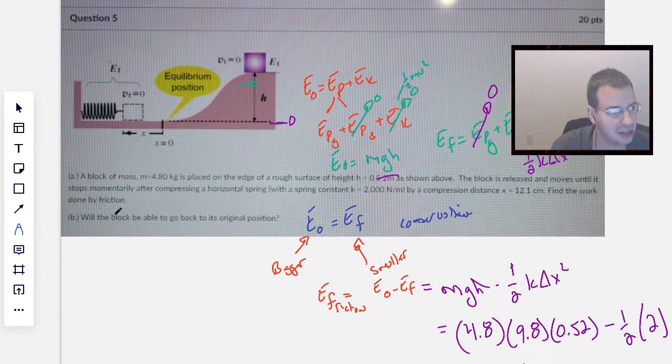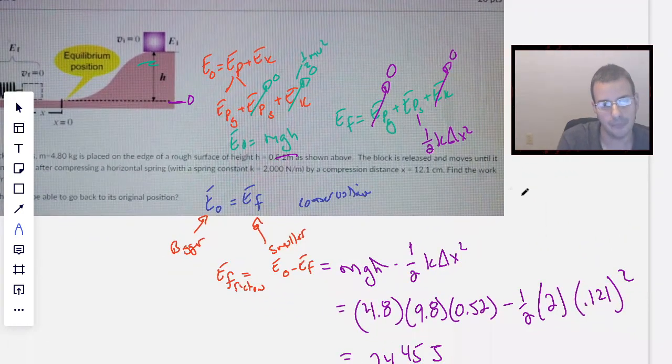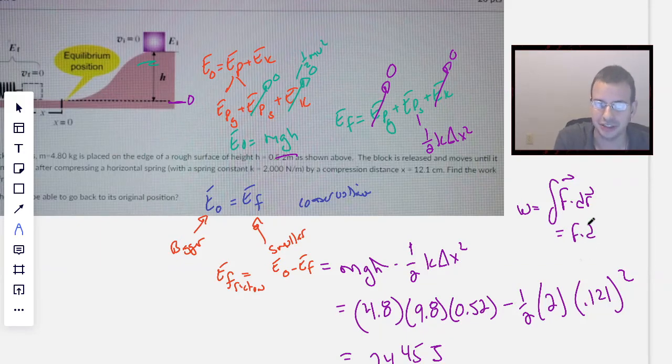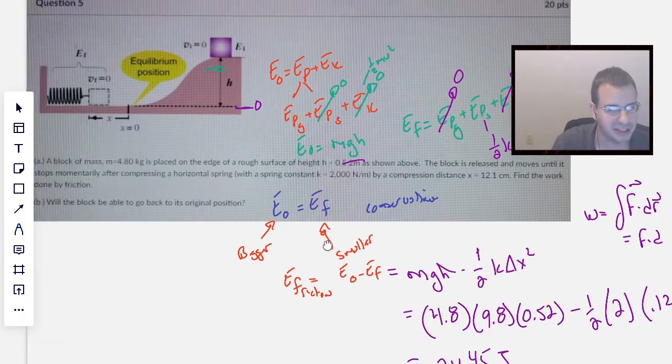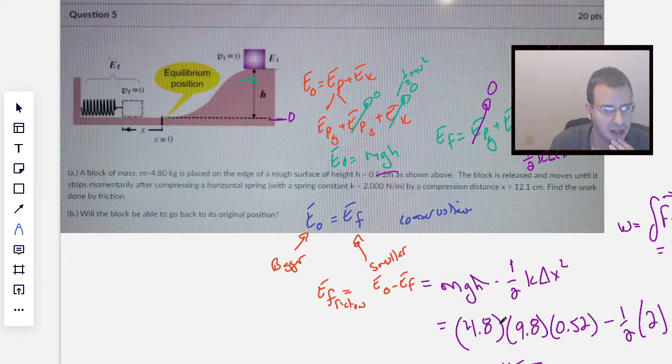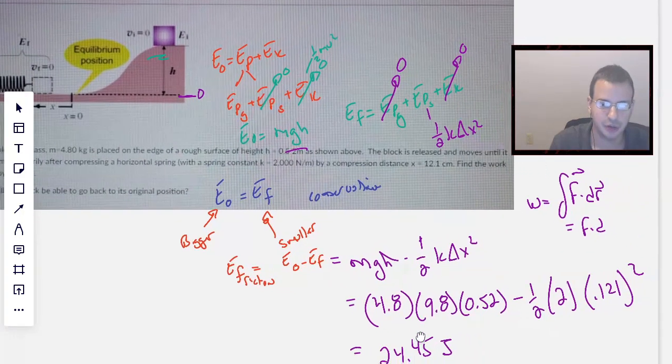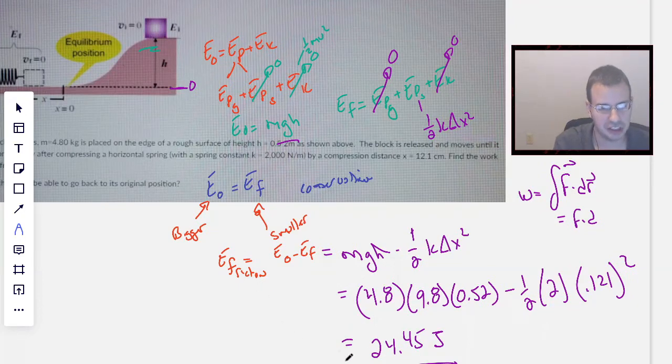And we want to find the work done by friction. Work is defined as the integral of F dot dr, which if you have a constant force will be force times distance. It's difficult here to know what the sign is supposed to be. I'm going to say that the work from friction is negative 24.45 joules, because the motion of the block is in this direction and the force of friction is going to oppose motion.